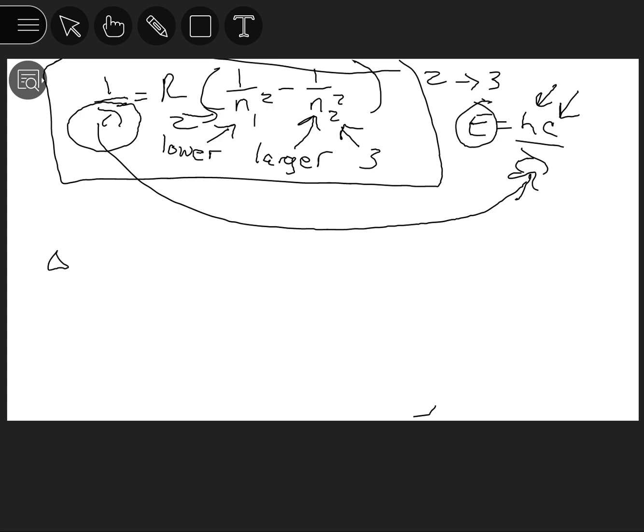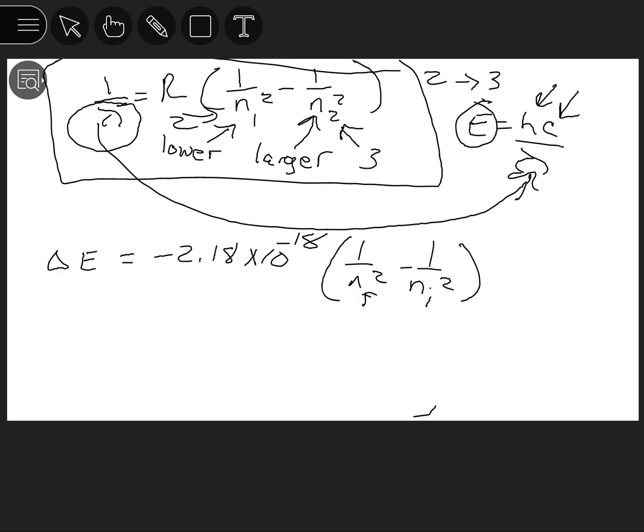The other one is delta E equals negative 2.18 times 10 to the negative 18, 1 over n final squared minus 1 over n initial squared. In that case, if I was solving for energy, I'd get it directly from here.